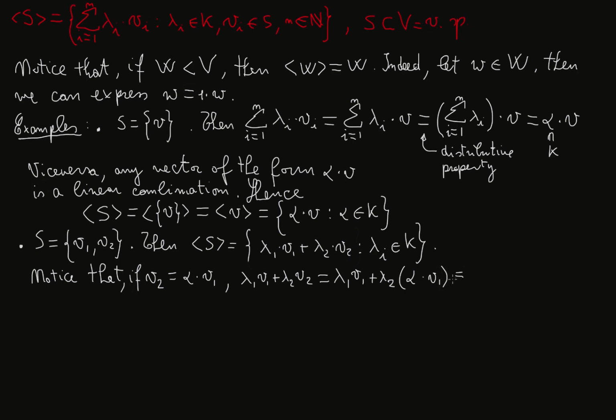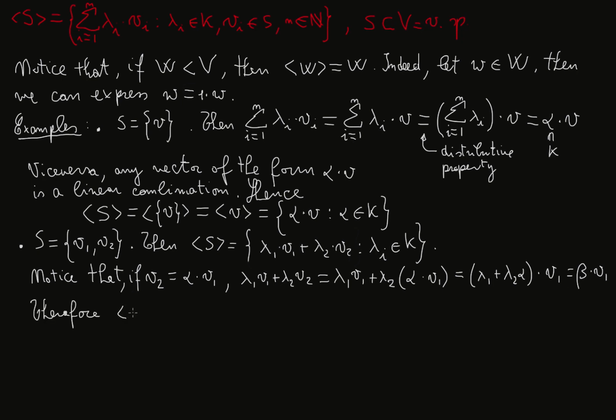So this means that we can again use the distributive law with the multiplication of the scalars with respect to the sum of scalars. So we can rewrite this expression as lambda 1 plus lambda 2 alpha times v1. Okay, so in particular, it's going to be a beta times v1 for beta in K.